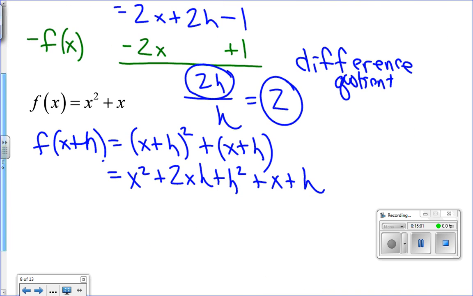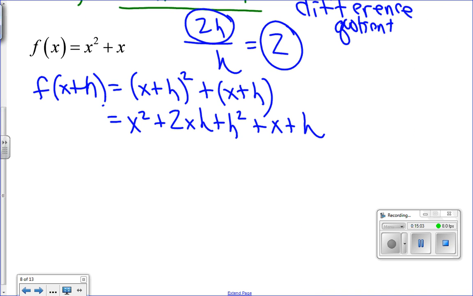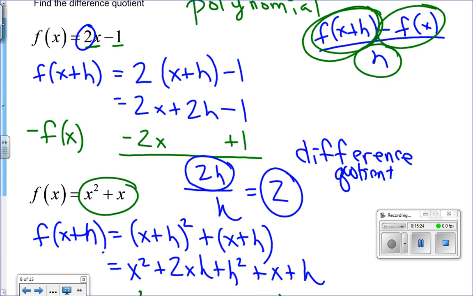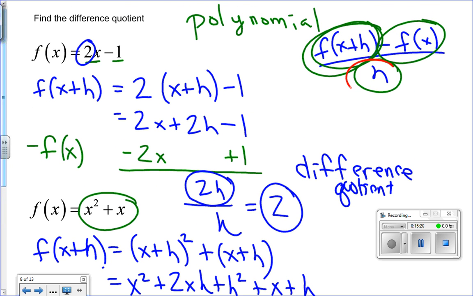And with a polynomial, you should have every term from f of x cancel with your product you just found. So take away x squared, take away an x, and what you're going to be left with is the difference. So we get 2xh plus h squared plus h. Now, this is something a lot of students forget, but we still have to divide by the h.